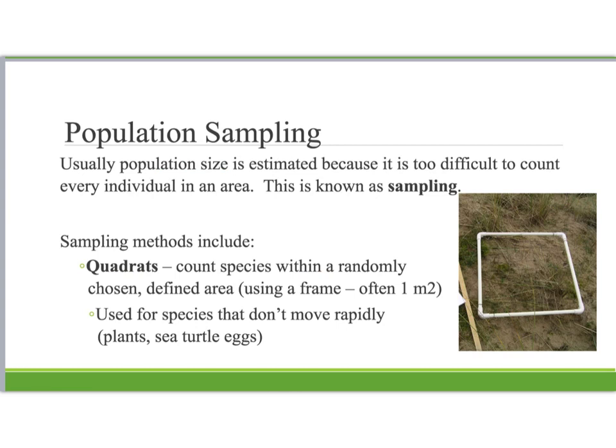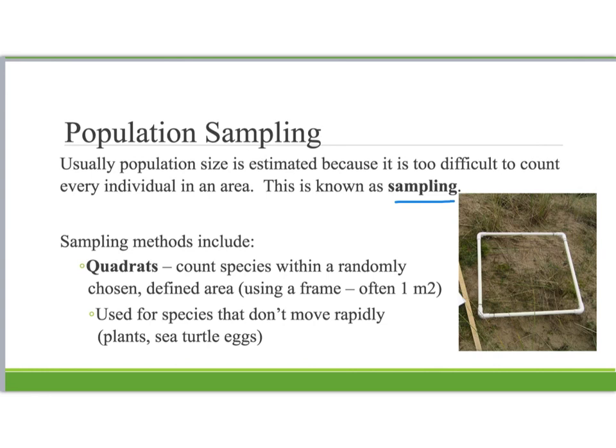In order to get an idea of the population size, we have to sample them. And we sample them because it is just too difficult to count every single individual, so we take a small portion, a sample of the population, and use that to estimate by multiplication how many individuals are in that population. So there are 4 sampling methods that I want to talk about.